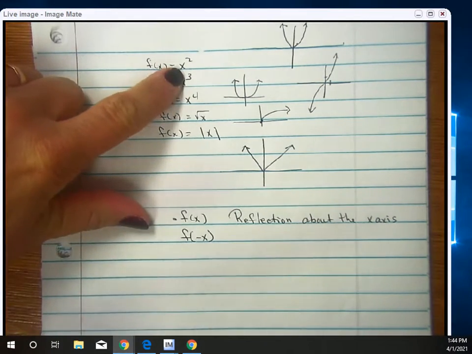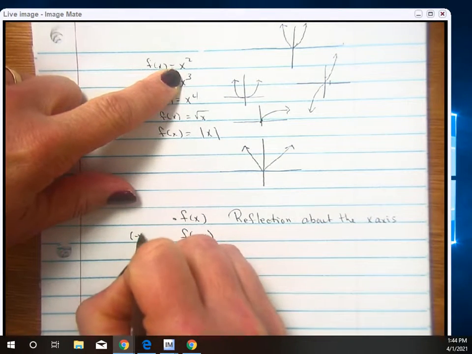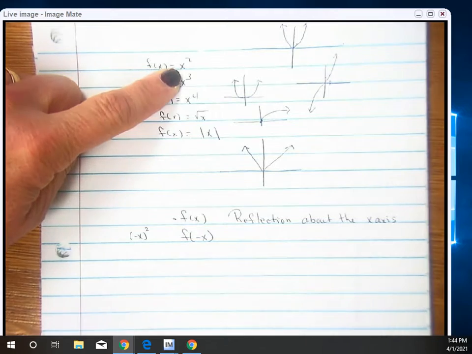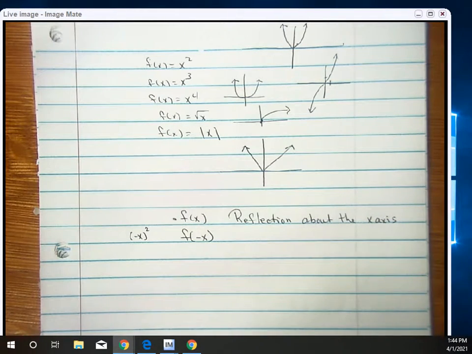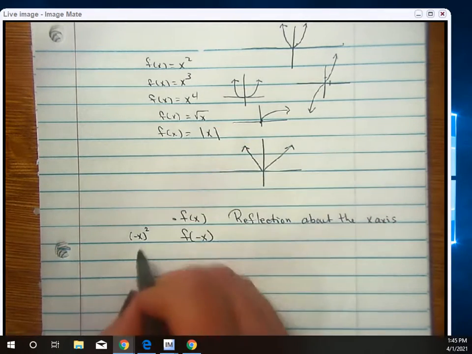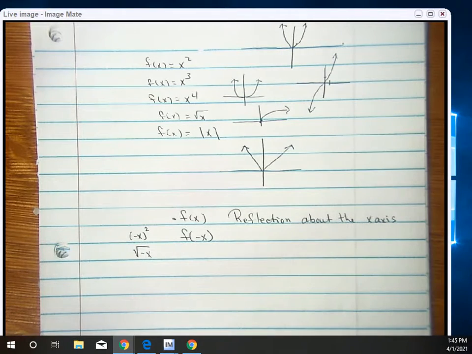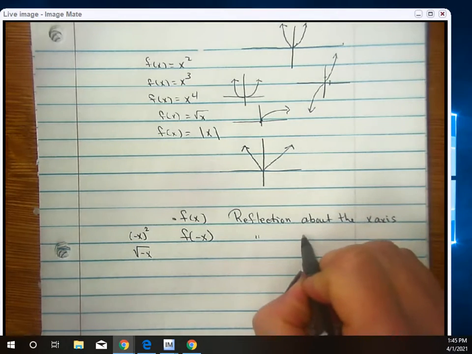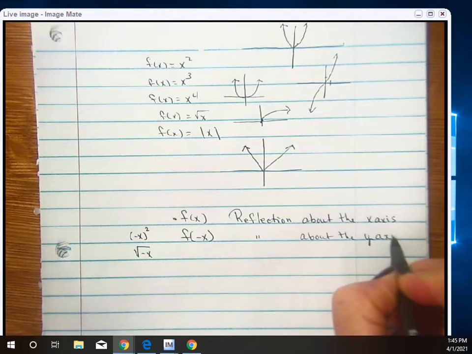So if I had this x squared, for instance, it would be a negative x squared. Okay, so it would be inside the function. If it's the absolute value or if it's underneath the square root, there's a negative inside of that function. It's a reflection about the y-axis.